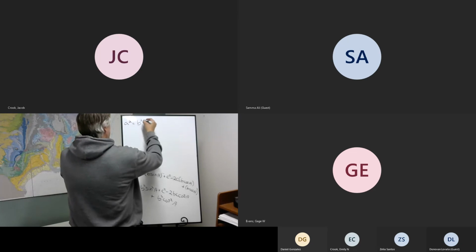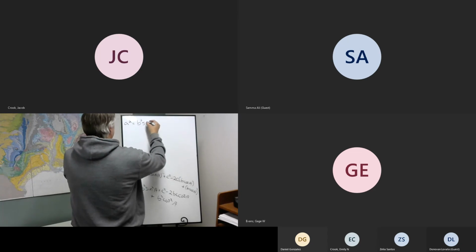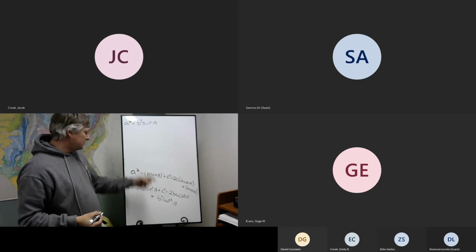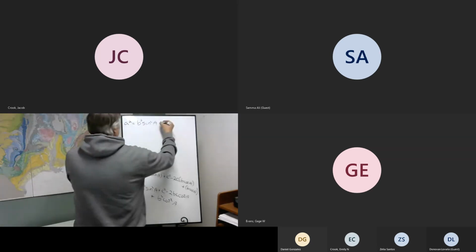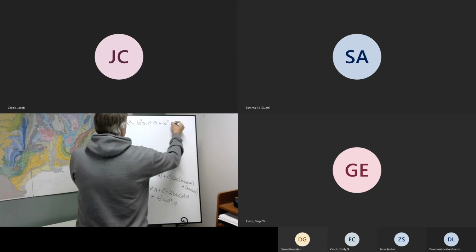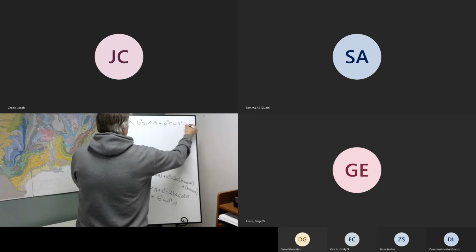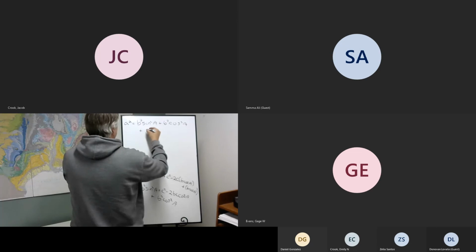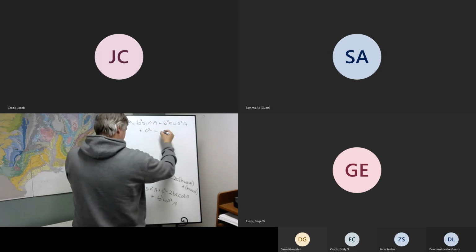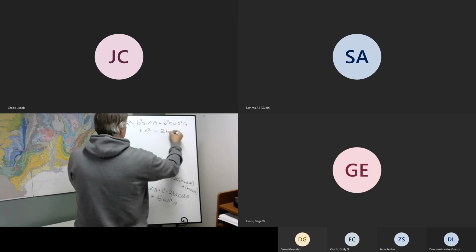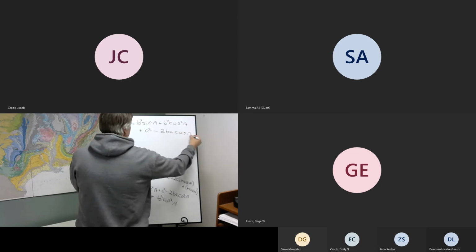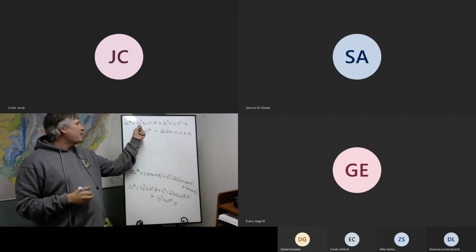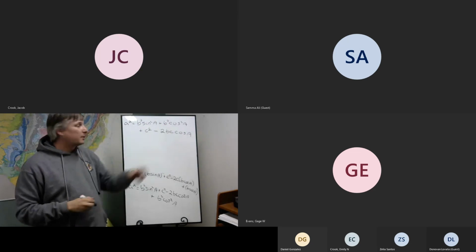I'm going to combine, so to speak. Not really combine, but take a look at my b squareds here. B squared plus b squared cosine squared A plus c squared minus 2bc cosine A. And what we can do is factor out the b squared.